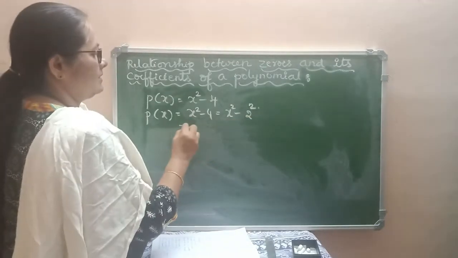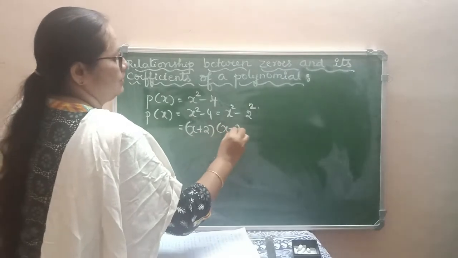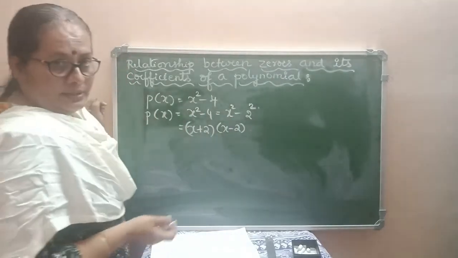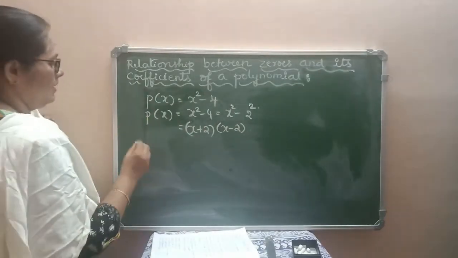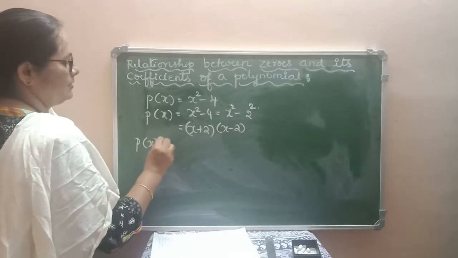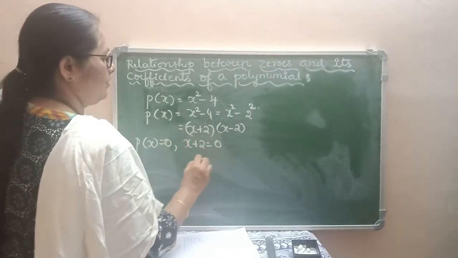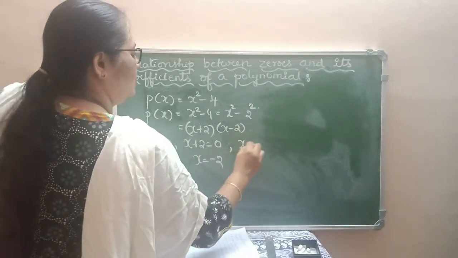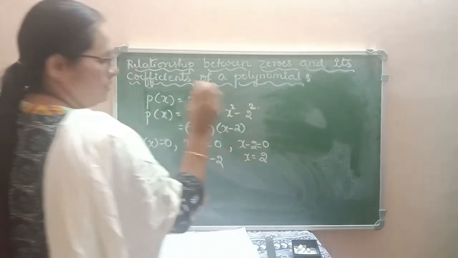The factors are x plus 2 and x minus 2. When the given polynomial is equated with 0, we get the zeros of the polynomial. So when p of x equals 0, then x plus 2 equals 0, x equals minus 2, and x minus 2 equals 0, x equals plus 2.